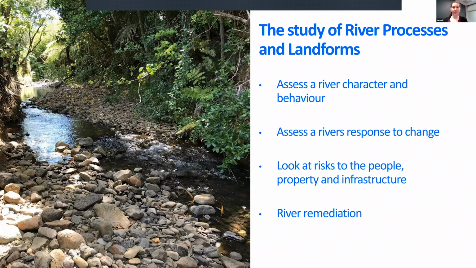And this then links into how those changes affect people, property, and infrastructure. So by understanding first what a river should be doing, and assessing how it could possibly change, we can see if we may have increased risk to people, such as flooding or erosion of the river banks. And then through that, we can look at river remediation. So if we do have a problem, how we can protect the property and people and make sure people's lives are not in danger.